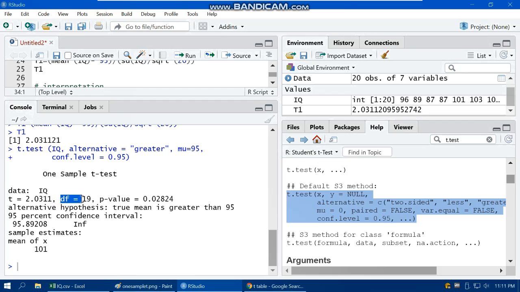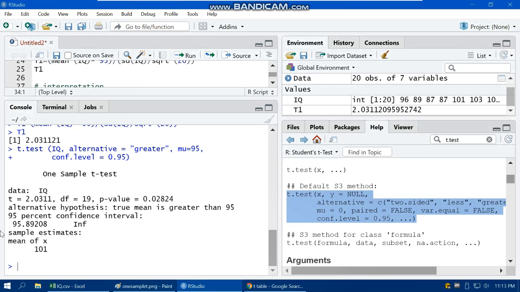The degree of freedom, which is n minus 1, we had 20 observations, so 19, and the p-value is 0.02, which is less than 0.05. So the results are statistically significant. They are not by chance. So we reject the null hypothesis at 95% confidence level.